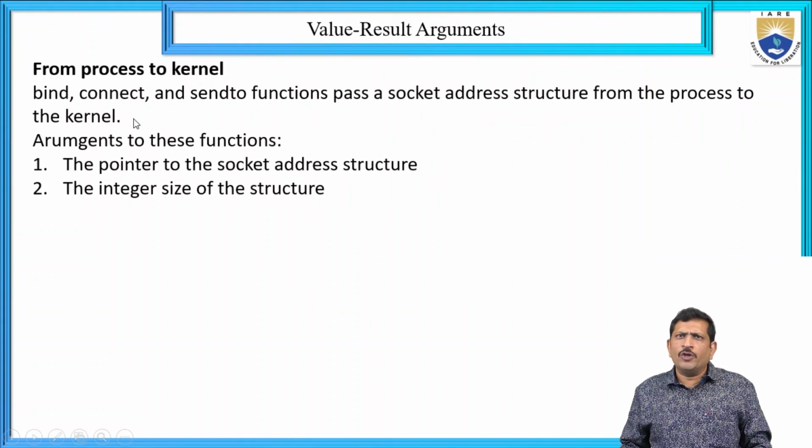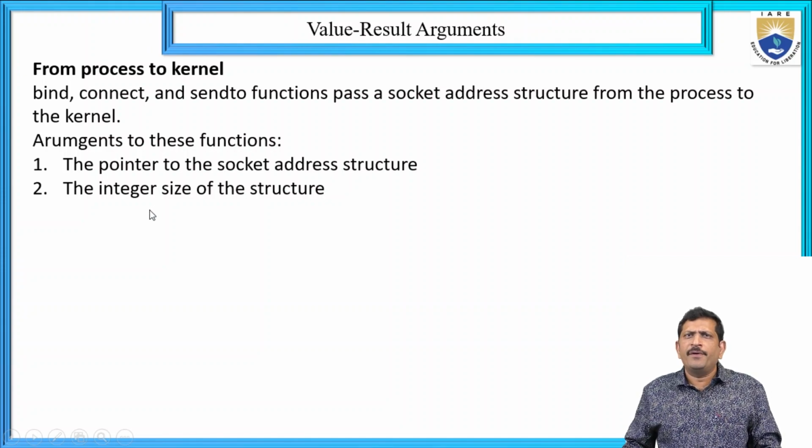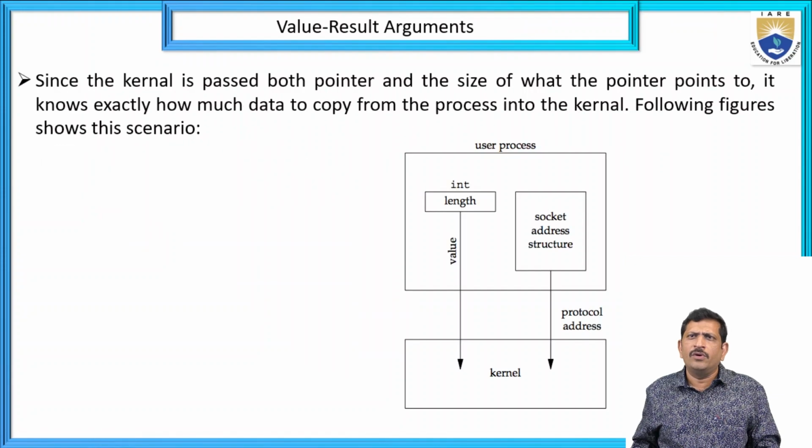First, from the process to the kernel: the bind, connect, and sendto functions pass a socket address structure from the process to the kernel. The arguments to these functions are the pointer to the socket address structure and the integer size of the structure.